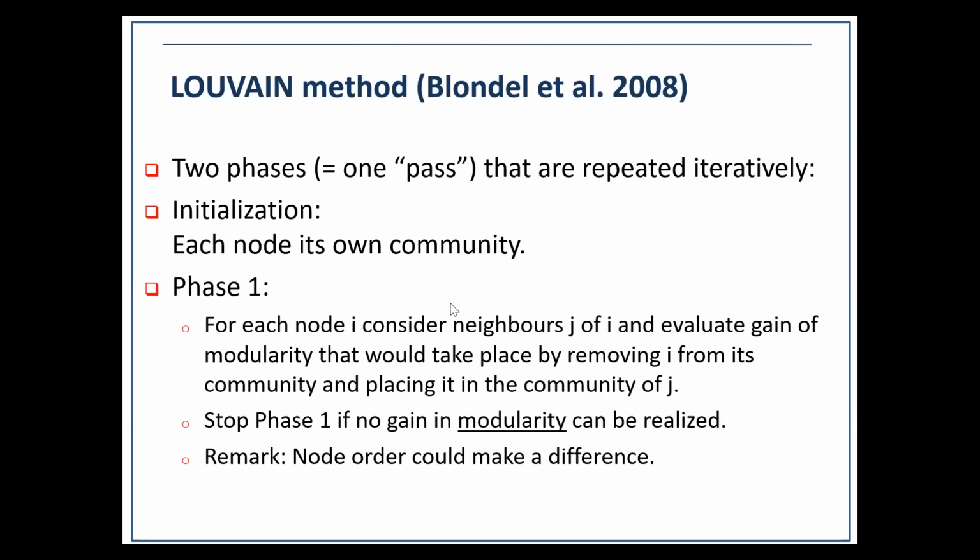I want to show you one application of modularity, and then we will go into the R code, and we have a bit more than half an hour. There is a method called the Louvain method, named after the city in Belgium, presented by Blondel and his colleagues in 2008.